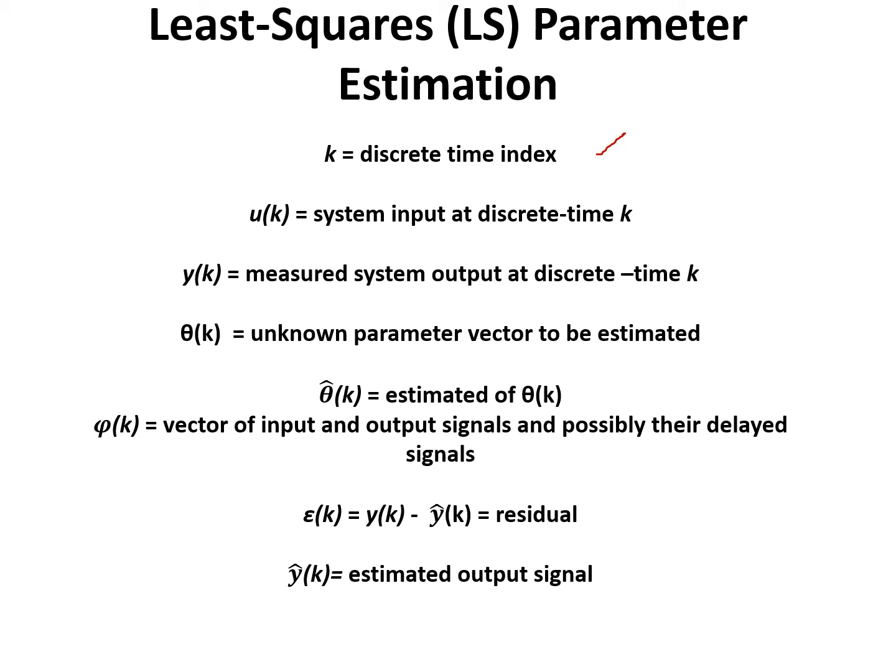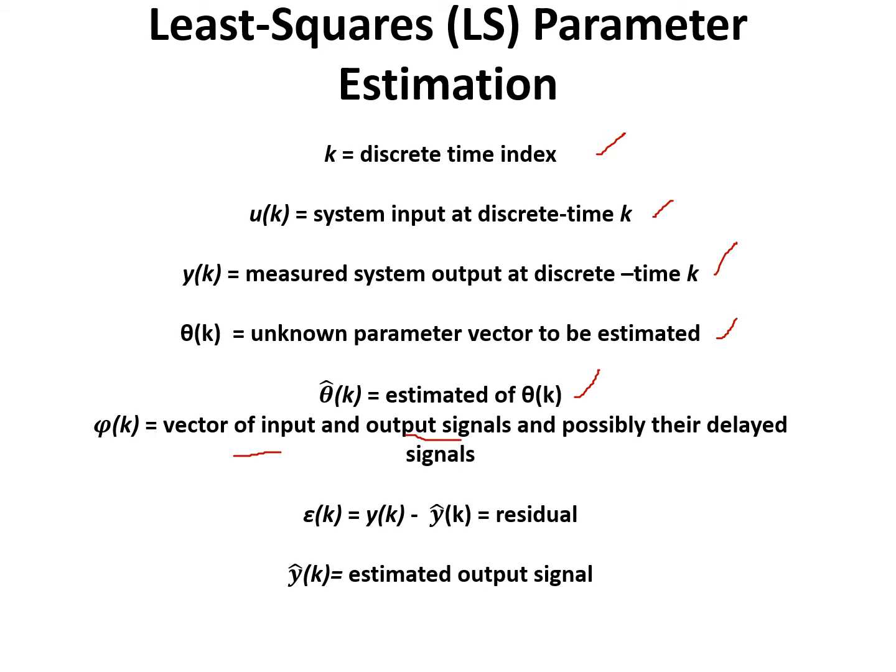UK is the system input at discrete time K. YK is a measured system output at discrete time K. Theta K is the unknown parameter vector to be estimated. Theta hat K is the estimate of theta K. Phi K is the vector of input and output signals and possibly their delayed signals.